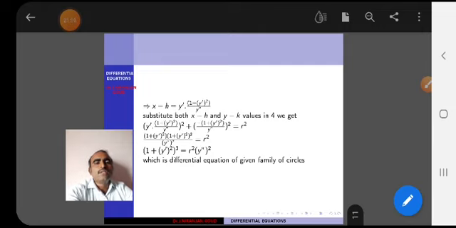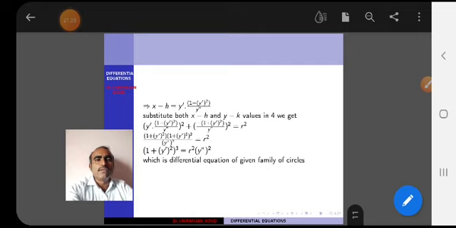Then you write this as, take y double dash square as LCM, you get 1 plus y dash square into 1 plus y dash square whole square, that is 1 plus y dash square whole cube by y double dash whole square is equal to r square.